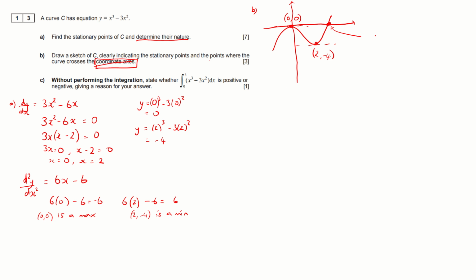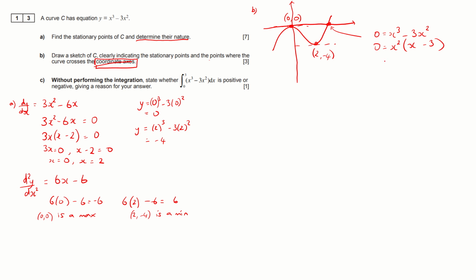So that is when I have 0 equals x cubed minus 3x squared. Now I can find out what x is by factorizing this. You might be thinking, it's not a quadratic, how do you factorize that? Well, x squared is common to both, so I can take that outside the bracket.